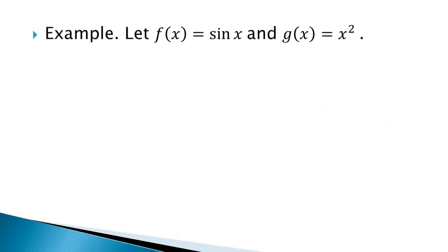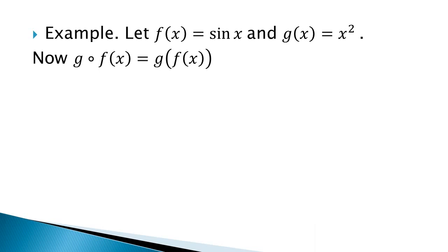Let me proceed to another example. Let us consider two functions. One is defined as f(x) equal to sin x, and the other is g(x) equal to x square. Now g of f(x) is equal to g within brackets f(x) is written, which means that the function f(x) is within the function g.